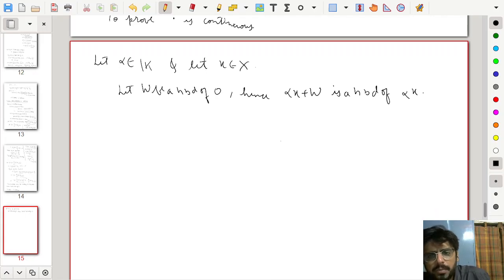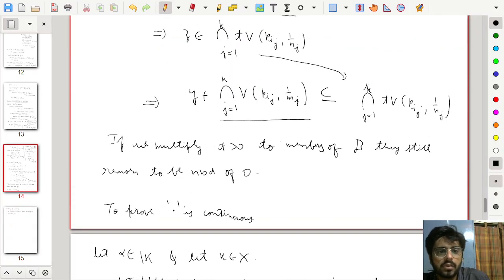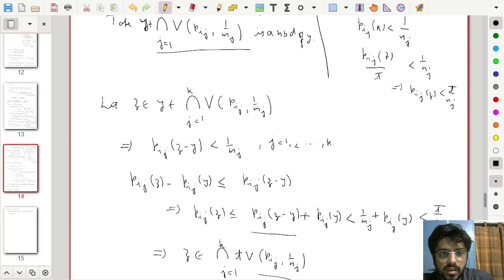Now, like in the argument for scalar addition, there exists some U of the form V(p_i1, 1/n1). Oh, I've made a big mistake by changing the notation here. I am so sorry.